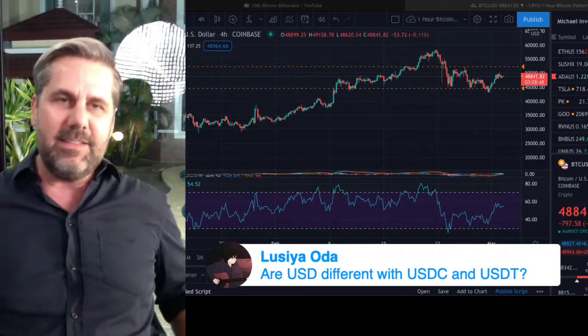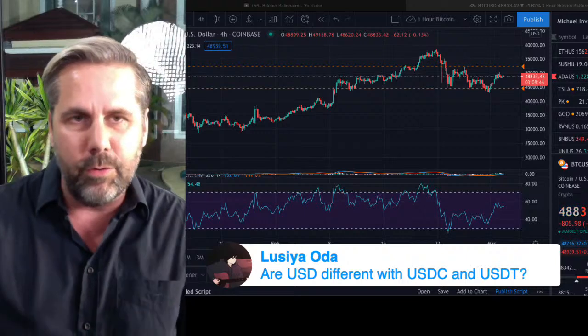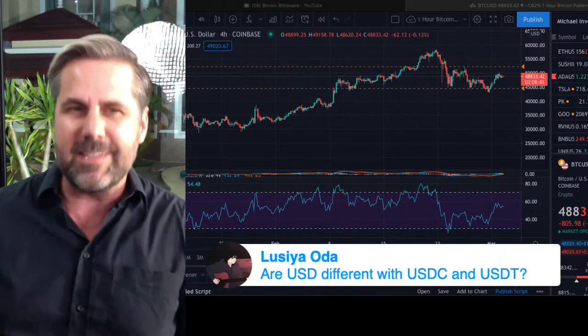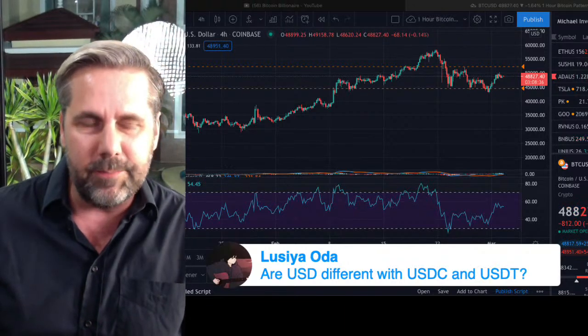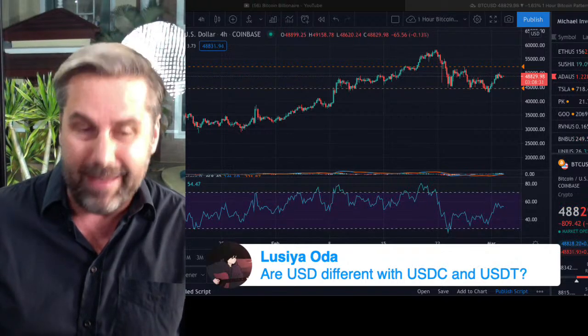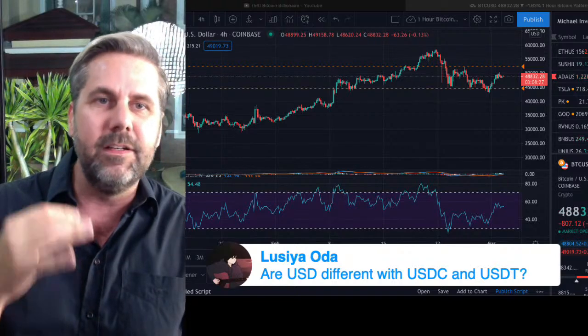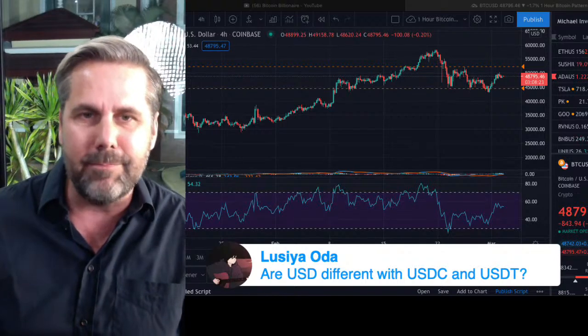USDT was supposed to be backed, but they were fined because they broke some of the rules. So it's not 100% safe, I wouldn't say that. Whereas USD is backed up by the government. USDT and USDC are supposed to be such that for every dollar they give you, they have to have $1 US. But there's some speculation that may not be true.